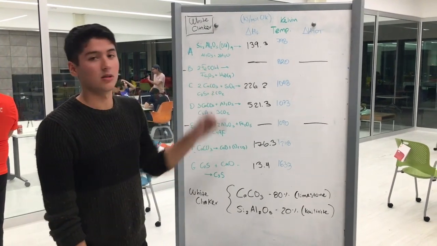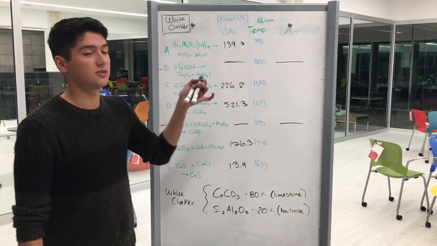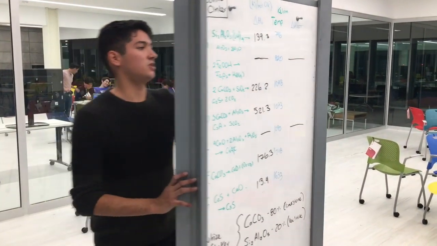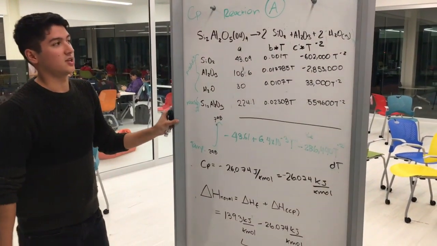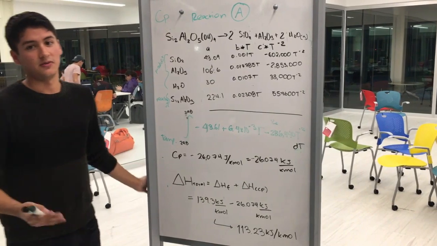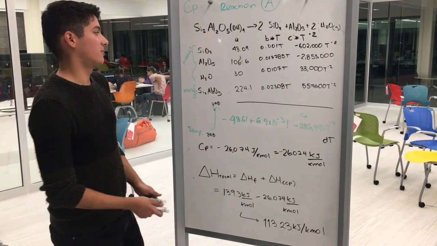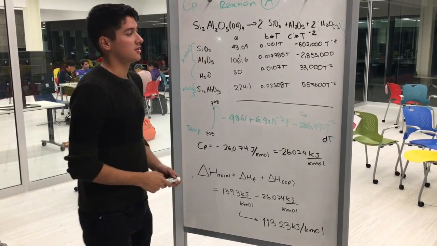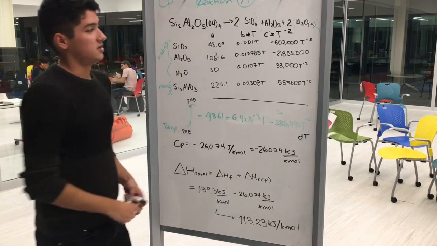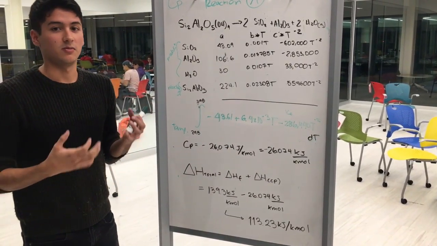Once you've calculated all the enthalpy formations, the next step is to calculate the total change of enthalpy, and to do so, you have to calculate the enthalpy change from the CPs of the reactions. So each compound is going to have a specific CP value, which are stated in the tables. For example, for silicon dioxide, it's going to have an A value of this and this and this. So since you have a mixture of all these compounds, you can create a CP mixture.